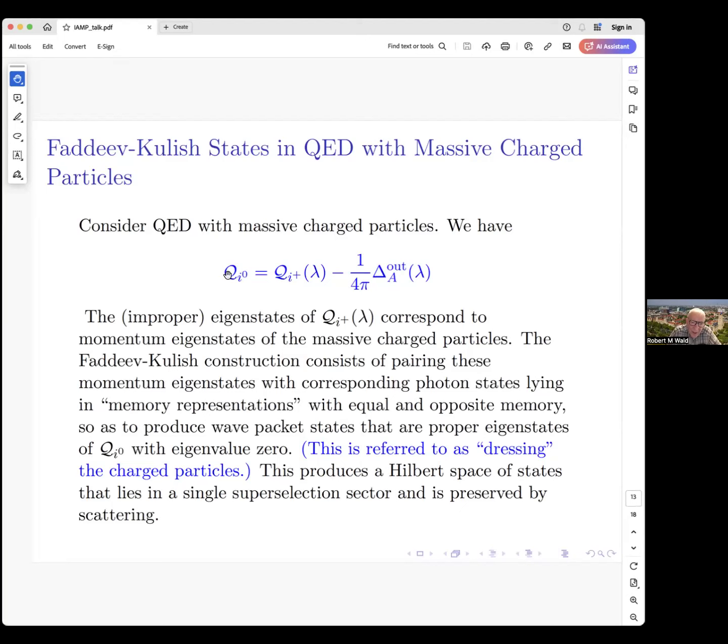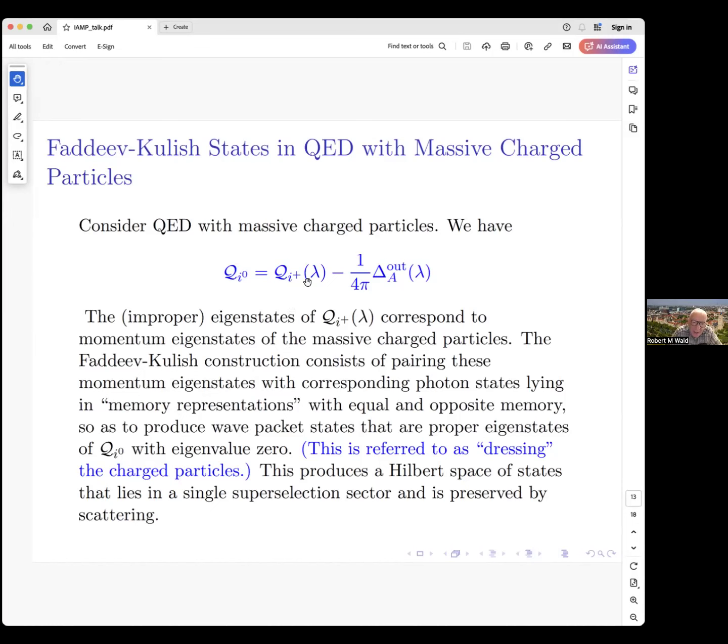And what the Faddeev-Kulish construction does is produce eigenstates of the charge at spatial infinity with eigenvalue 0. One can do that by taking these improper eigenstates that have some charge at future timelike infinity and pairing them with states of the electromagnetic field that lie in the memory representation, with memory that is equal and opposite to the charges associated with these momentum eigenstates.